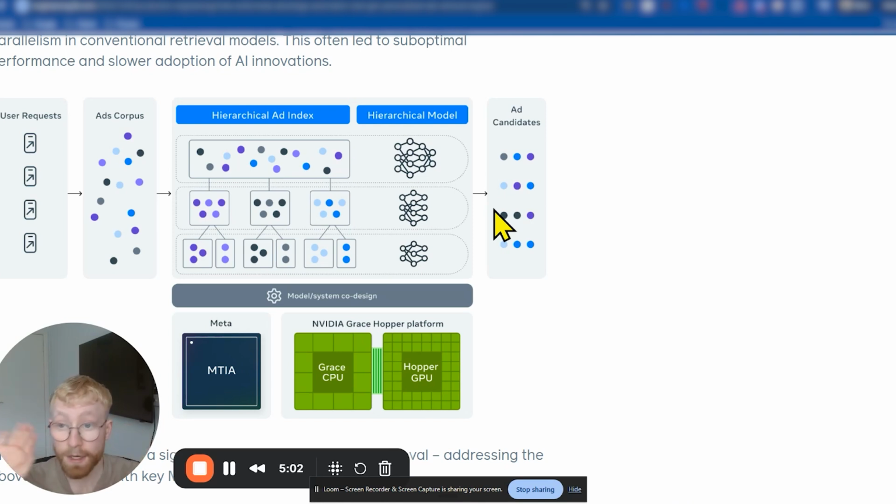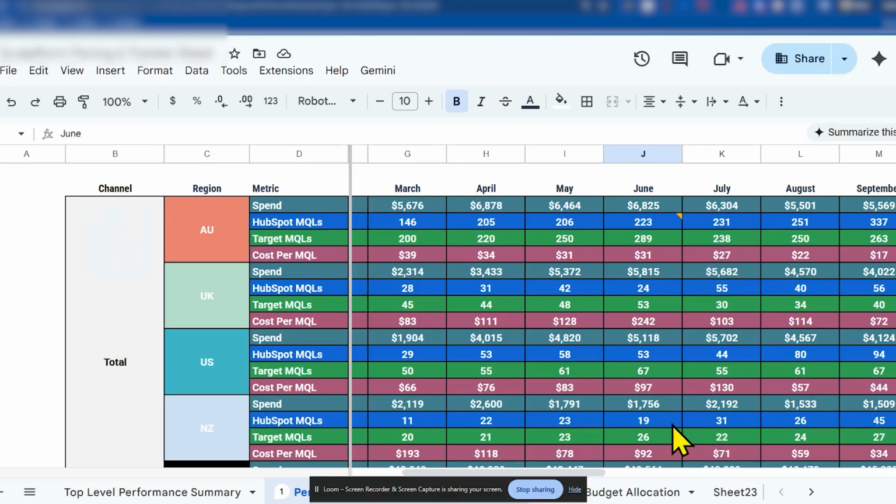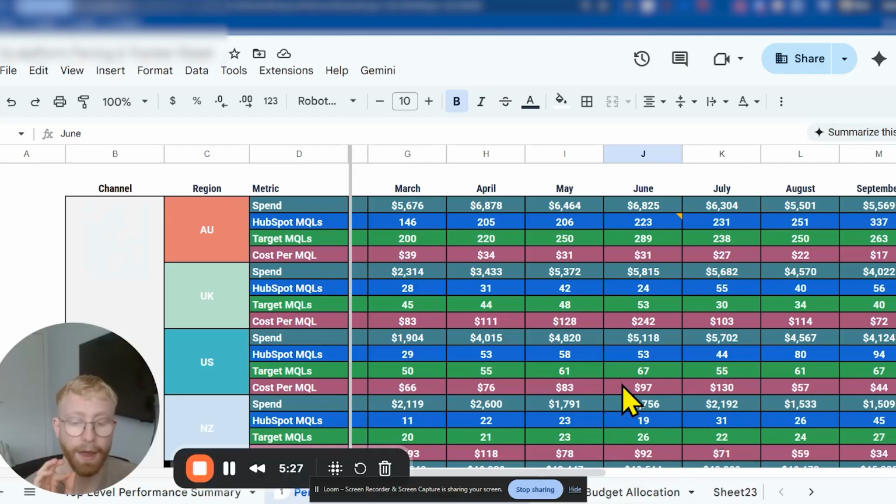So this particular example that I'm going to show you is actually a B2B lead gen client, right? So it works for that type of business as well, which is pretty crazy. So first of all, I just want to show you exactly what we're looking at before I get into the ad account, right?